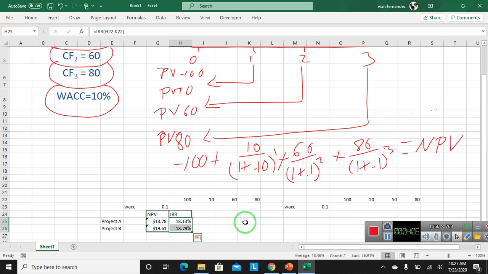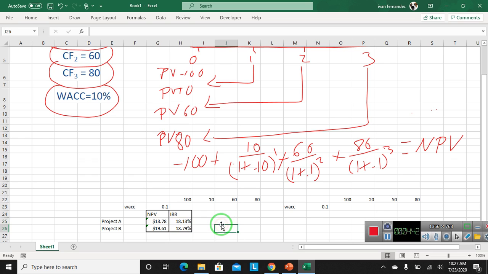Project A, with an IRR of 18.13%, means that if you need to raise money to run this project, and you're paying the bank, if you take a loan, 18.13% for that money, this project will actually have an NPV of 0. You will break even. So not really worth it, right? What's the point of doing it if you're not going to make any money?